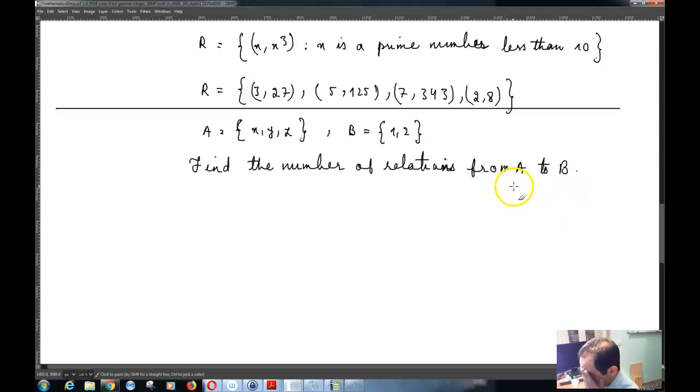Okay, so the number of relations from A to B, you know, depends on the following.